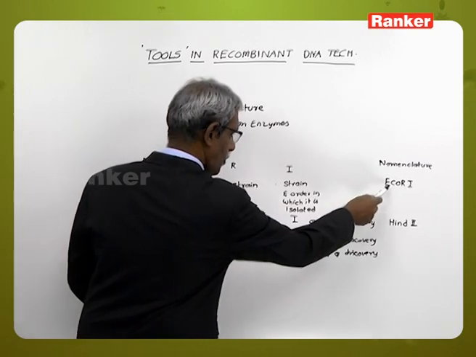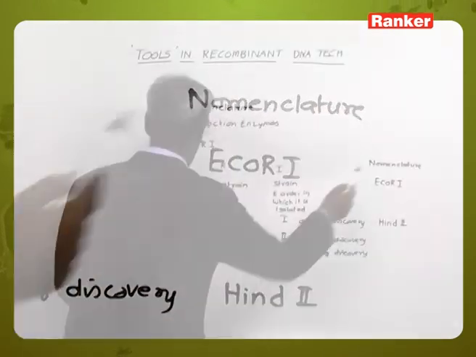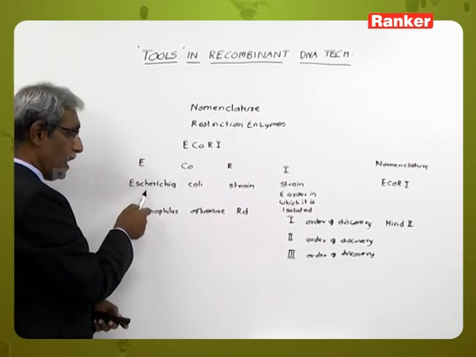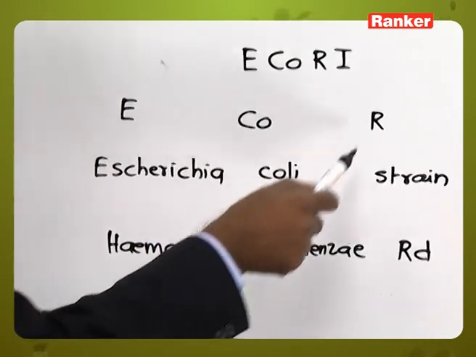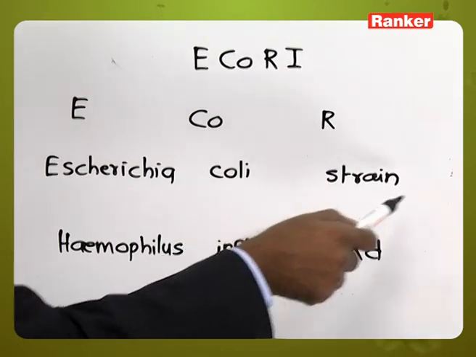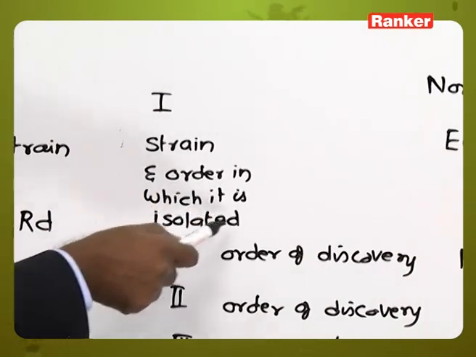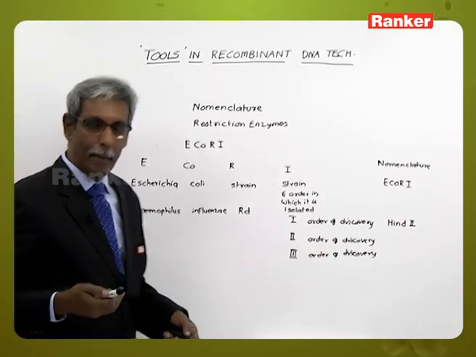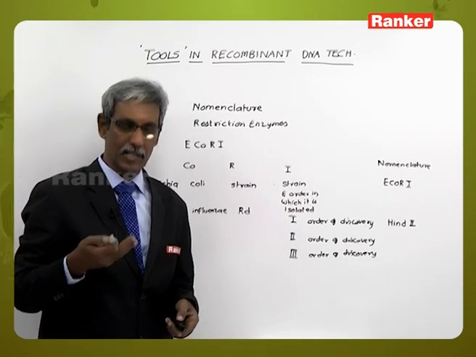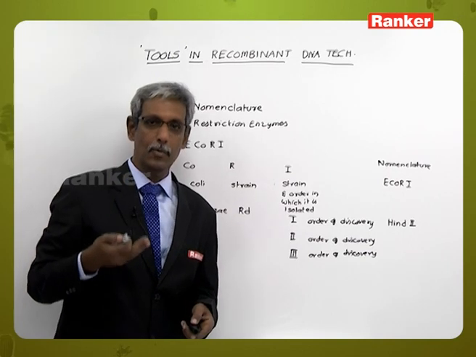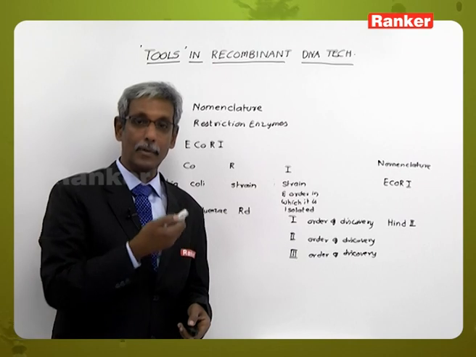Take the restriction enzyme EcoRI. What is the meaning of EcoRI? E refers to Escherichia, CO refers to coli, R refers to the strain, and Roman numeral I indicates the order in which it was isolated. If in a lab the second and third enzymes from that strain are discovered, they are termed EcoRI, RII and RIII depending on the order of discovery.